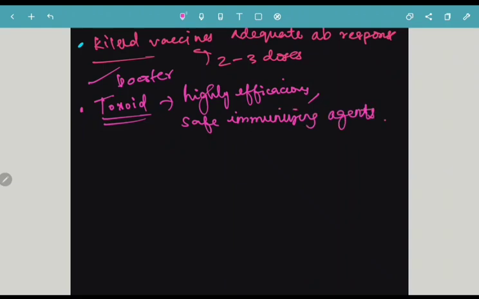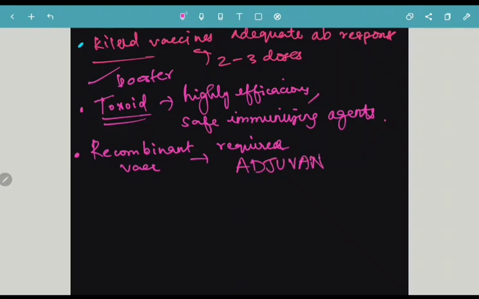Next, polysaccharide and conjugate vaccines are serotype specific. Now recombinant vaccines require an adjuvant to enhance efficacy. So the next point to remember is recombinant vaccines, which require adjuvant in order to enhance efficacy.